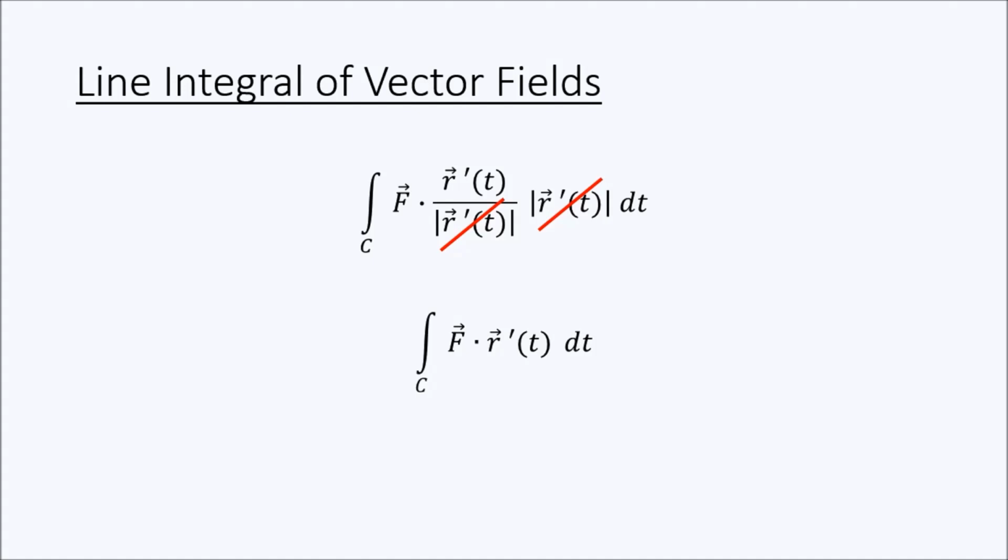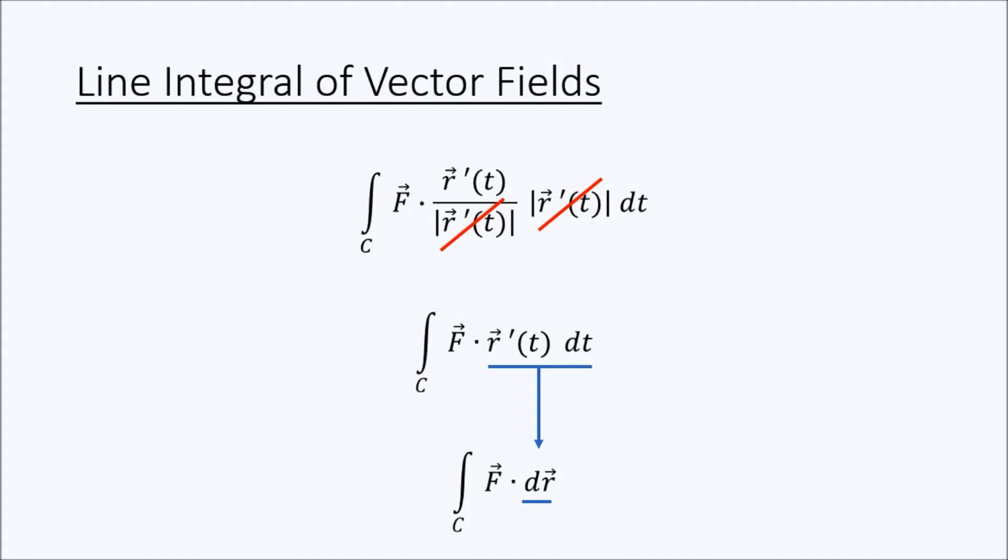Now, however, this is not really the most common way that we write our line integral. Typically what we do is we take that r prime of t dt, and I can combine that and make it more compact and write it as just dr. Right? It's the derivative of my vector function.